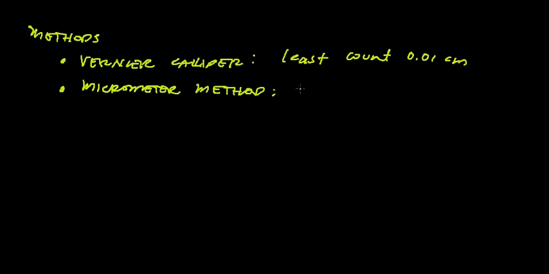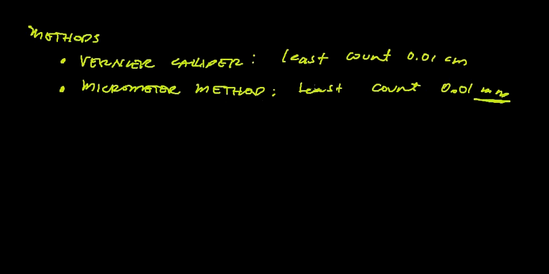If you have an AB material whose least count is around 0.01 millimeter, which is smaller than the particle size for the vernier caliper method, then you may use the micrometer method, using a micrometer to measure the dimensions of that AB material.